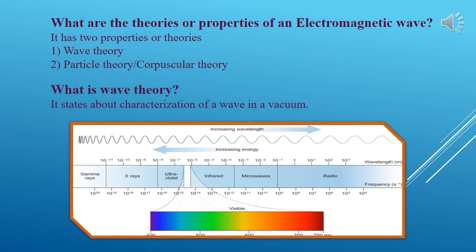The picture represents the electromagnetic spectrum with different electromagnetic radiations with increasing wavelength and decreasing energy. It starts from gamma rays, X-rays, ultraviolet rays, infrared, visible, microwaves and radio waves, with the wavelength and frequency scale mentioned in the picture.